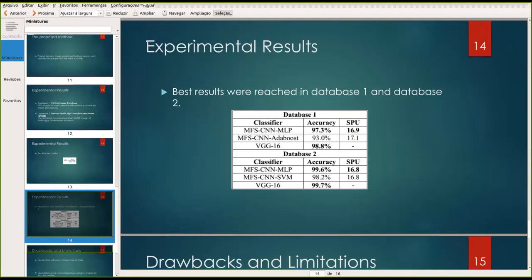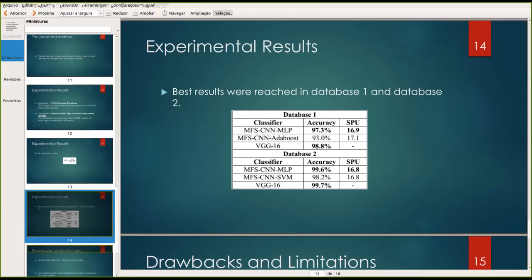The best weak classifier used is based on a multilayer perceptron network for database 1, and this classifier shows a minimal loss of accuracy and a high speedup rate.